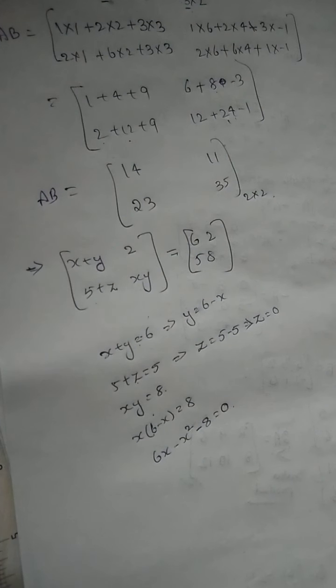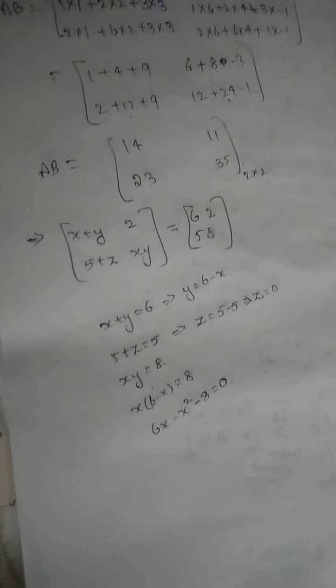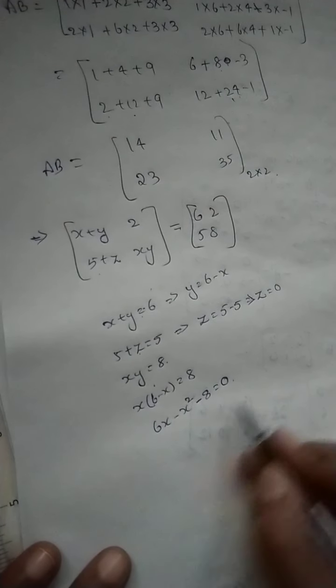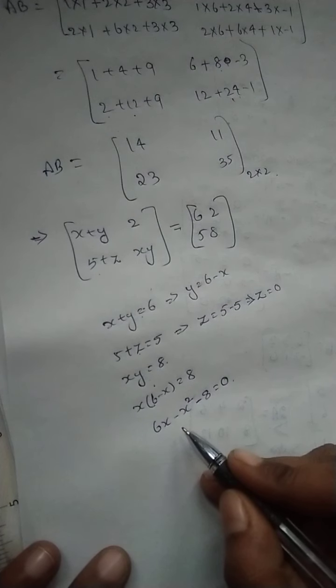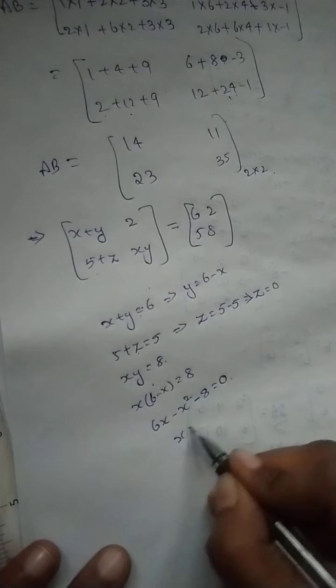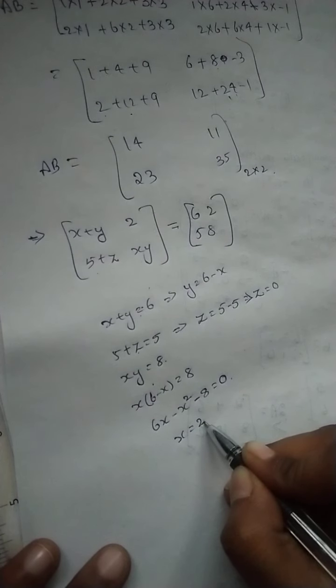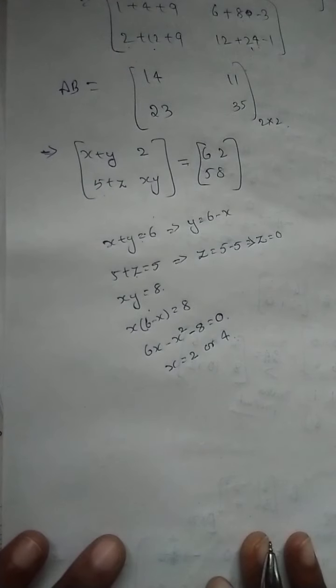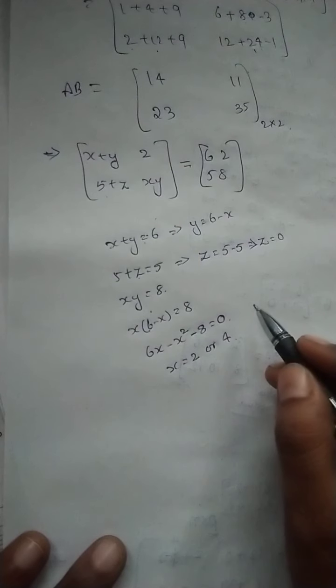Now if you solve this equation, after solving this equation you will get x as 2 or 4. Okay, x as 2 or 4. So solve by using factorization methods.